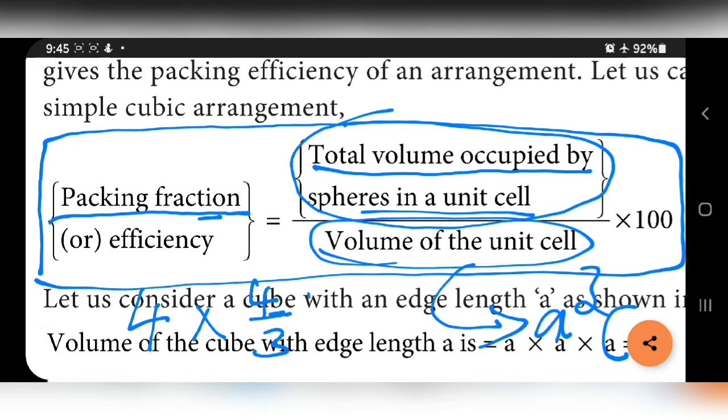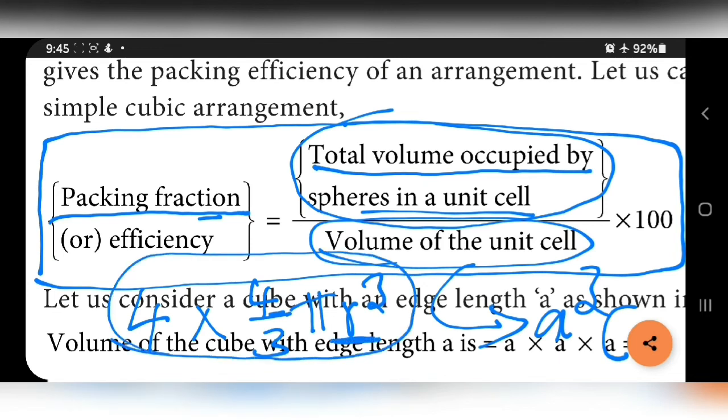This is the formula. If you know the radius, we can calculate the volume of one sphere. If you know the volume of one sphere, that value is multiplied by 4. This is the way for getting packing efficiency for the FCC unit cell.